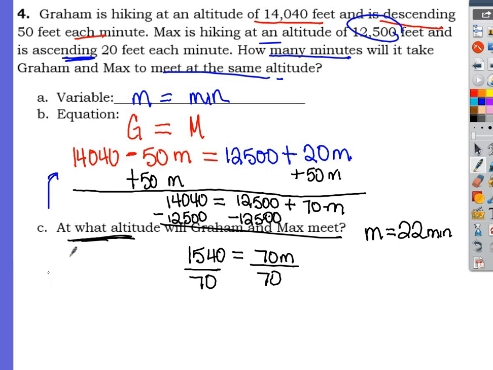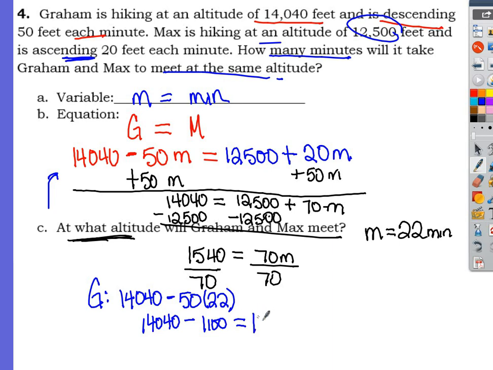So guys, if you plug this in, if you take Graham, okay, and you take his starting point, 14,040, minus, because he's descending, 50 feet per minute, and we know that they've been going for 22 minutes, and we subtract that out, okay, so that means he's going to end up at 12,940. Okay, so that's the actual altitude. I get the altitude because I plugged in the time that I know they've been going.